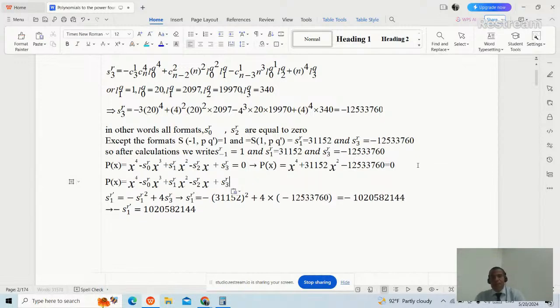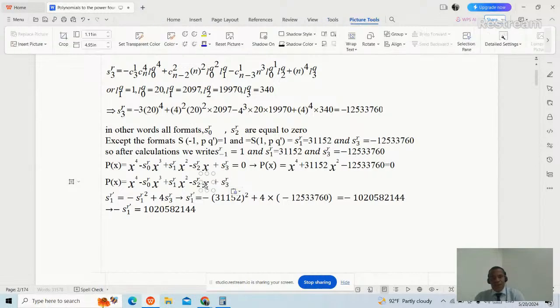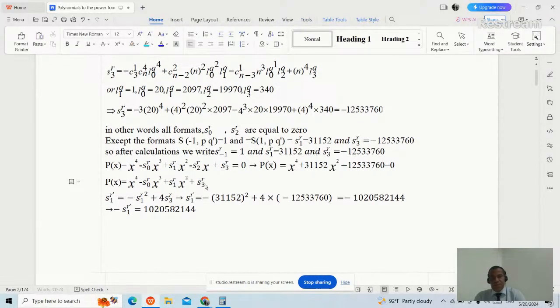I will erase this one because S2 equals 0, no need. S0 is also 0. It remains only x4 plus s1 of r x squared plus s3r equals 0. You can pause here, of course.